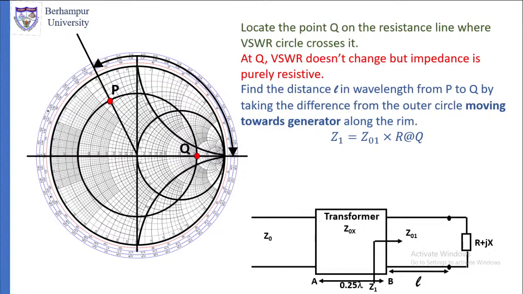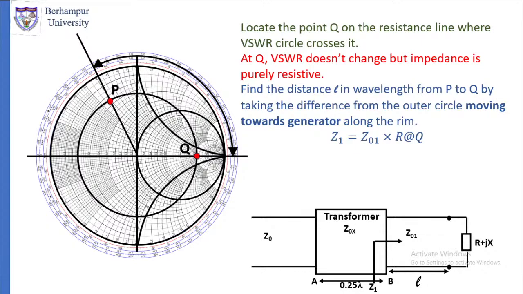Once you find real Z1, we can use a quarter-wave transformer to match that real Z1 to Z0, which means we will have a quarter-wave transformer of characteristic impedance Z0x, equal to the square root of Z0 into Z1. So a complex impedance can be matched to a real impedance by using two sections.